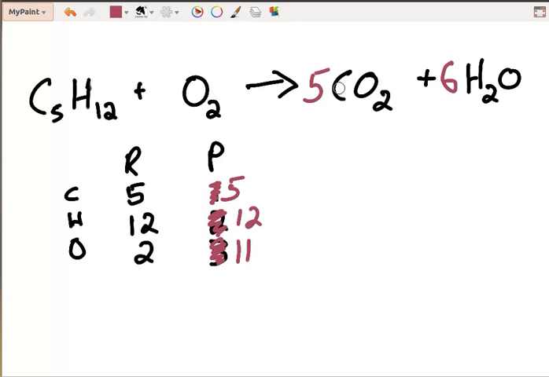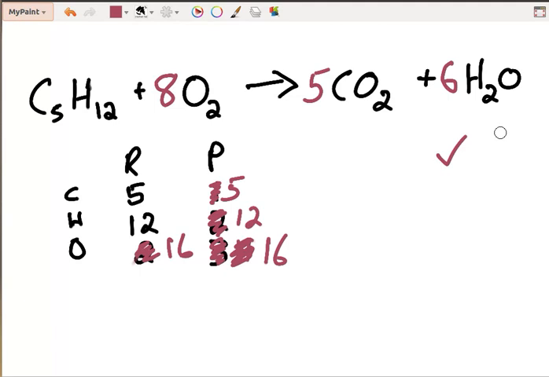Still 2 on that side, and on the product side I've got 10 there and 6 there, so this has gone all the way up to 16. It's the only thing I've got to fix up now, oxygen. So 16 oxygens in the product. That means on the reactant side I must have 16, so I've just got O2 there, so to make 16 oxygens, there must be 8. That means there'll be 16 on this side, and we've balanced that equation. C5H12 plus 8 O2 gives 5 CO2 plus 6 H2O.